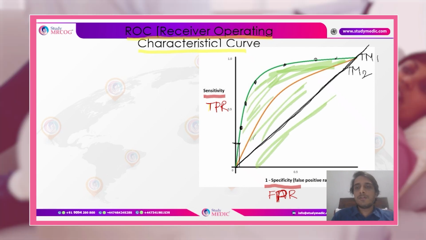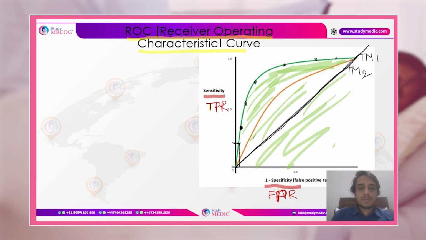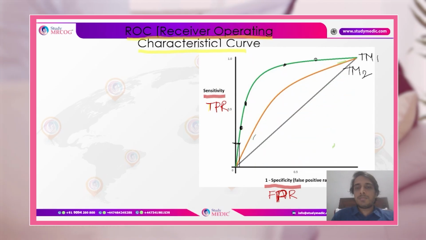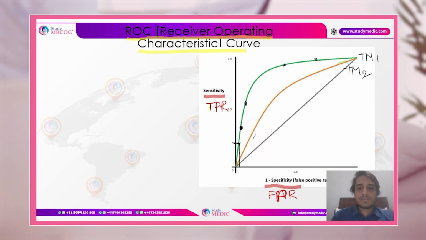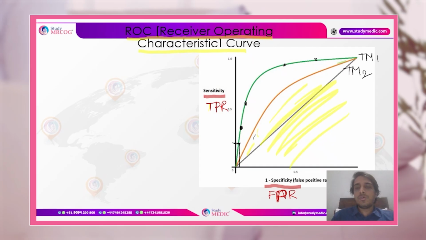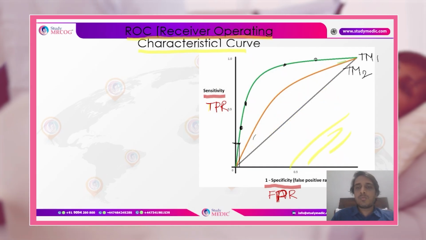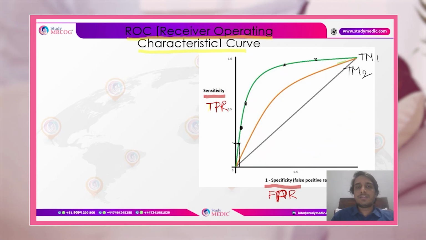Similarly, when we consider the second tumor marker, you can see that the area under this is a little bit less. So which test is better? Tumor marker 1 is a very good, diagnostically accurate test compared to tumor marker 2.